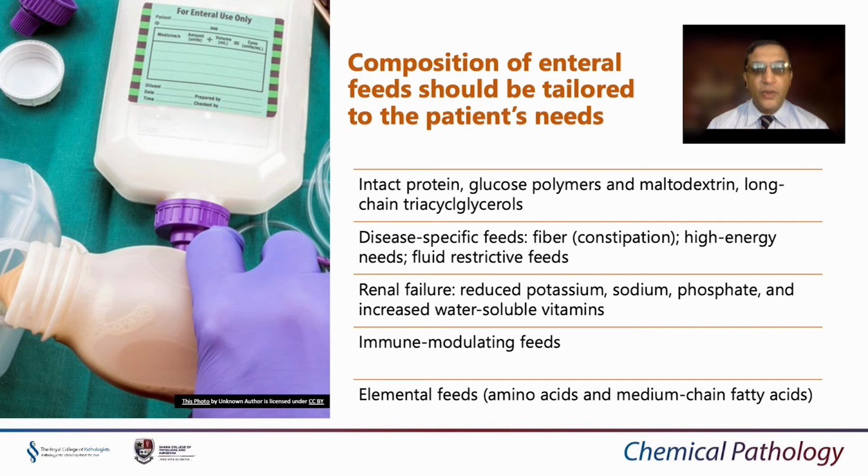In patients who have renal failure, reduced potassium, sodium, and phosphate and increased water-soluble vitamins can be considered. Immune modulating feeds are also available and can support some groups of patients better.